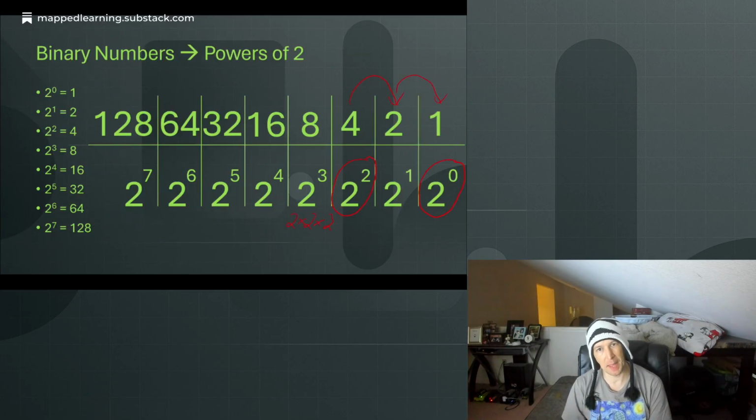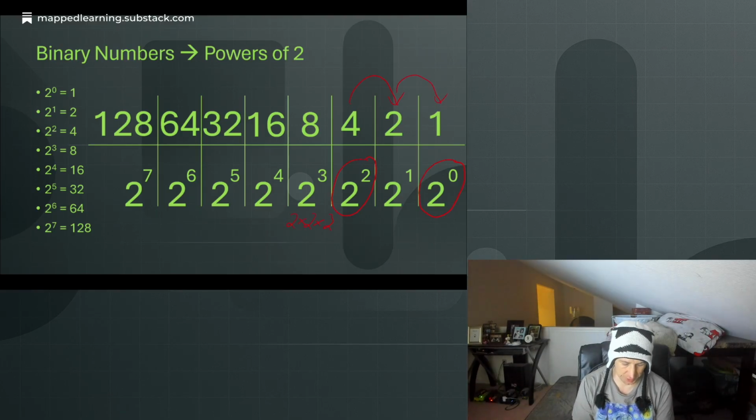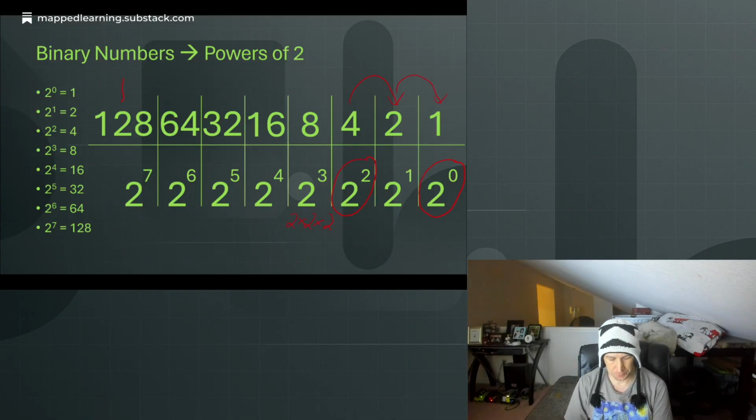Now, if we move back to this slide, the way that we get 192 is that we take the first bit here and the second bit here and add them together. 128 plus 64 is 192, followed by a bunch of zeros.